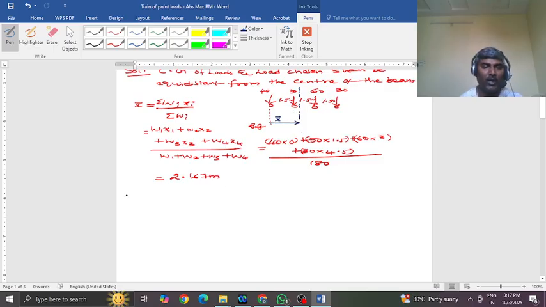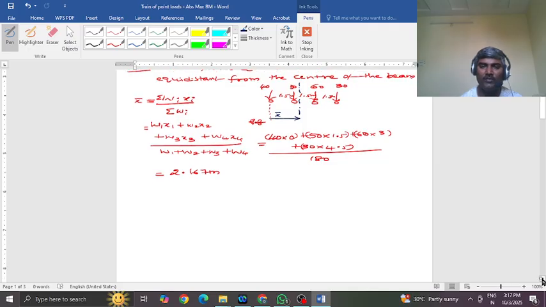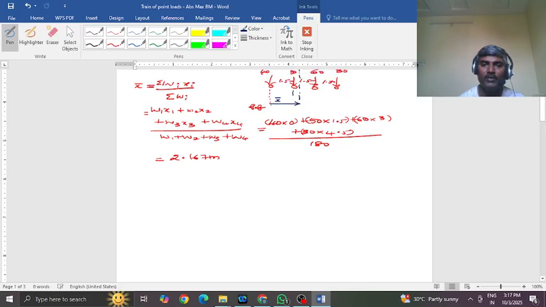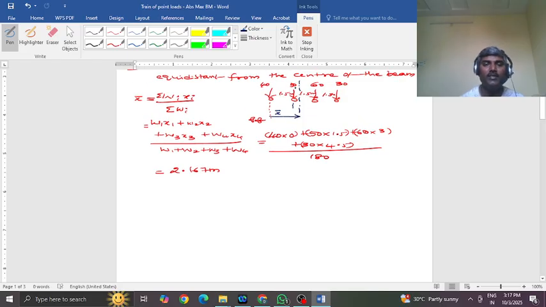Now, once you work out the CG of the loads, the 50 kilonewton load is the closest load to the CG. The distance between these two is 0.666, or you can round it off to 0.667 meters.